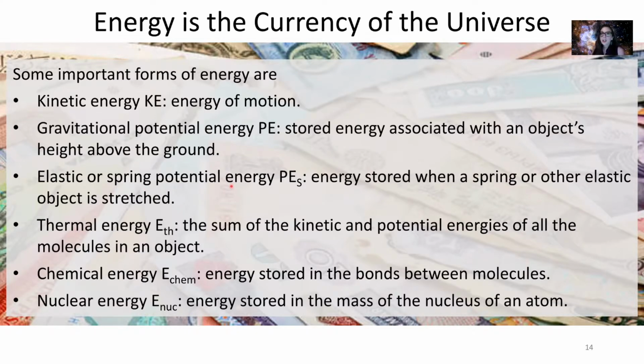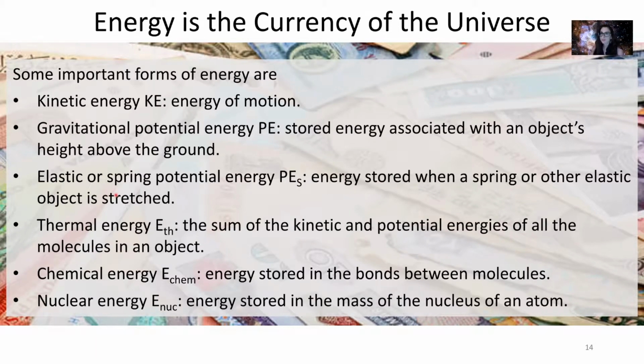This is the energy that can be stored when a spring is either stretched or compressed. Thermal energy is the sum of all the kinetic and potential energies of all the molecules in an object. You can have chemical energy and nuclear energy too, but we're not really going to talk very much about these later ones. We're going to focus mostly on kinetic energy, gravitational potential energy, and spring potential energy, and eventually rotational kinetic energy.